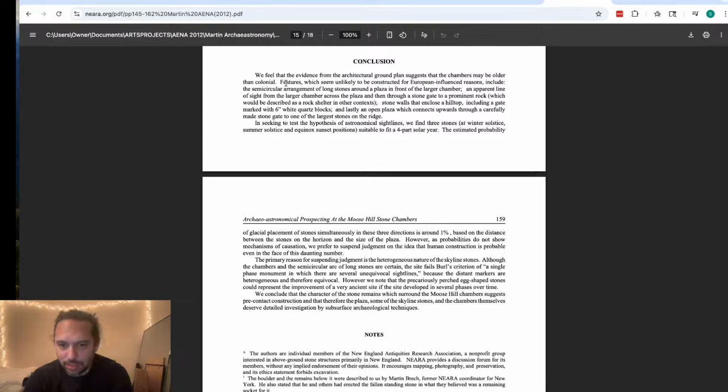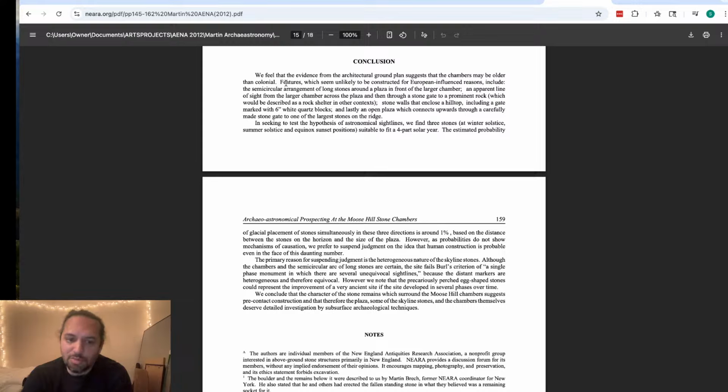However, as probabilities do not show mechanisms of causation, we prefer to suspend judgment on the idea that human construction is probable, even in the face of this daunting number. So they're exercising proper humility. That's good intellectual humility there.